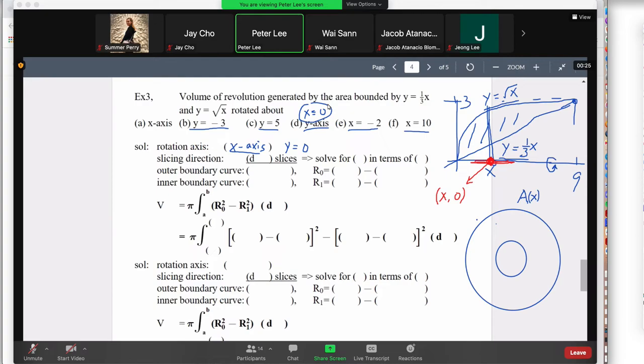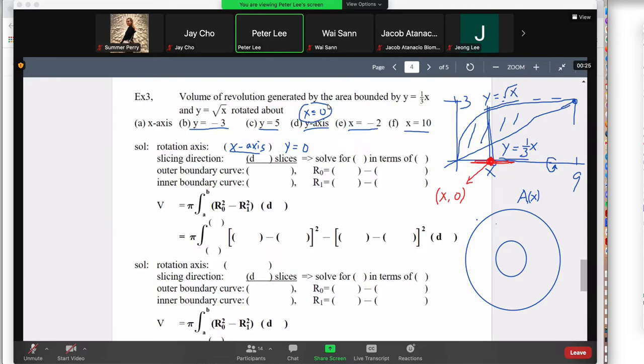Now, if it's dx here, we get this point right here. What is that point over there? That point is x comma y. Y is equal to x squared, so we can write this as x squared. If the slicing direction is dx, that means everything has to be written in terms of x. And now, what is that point over there?